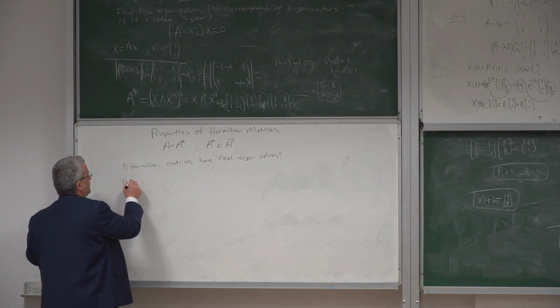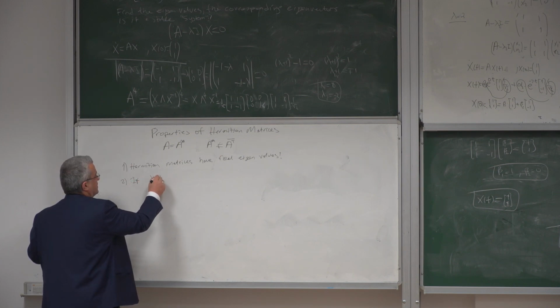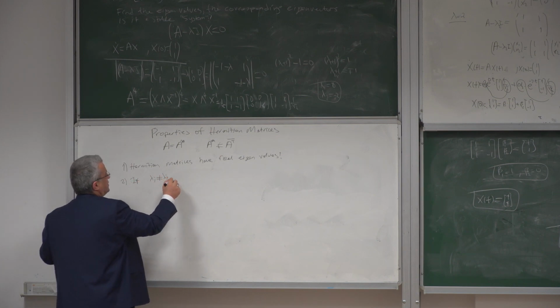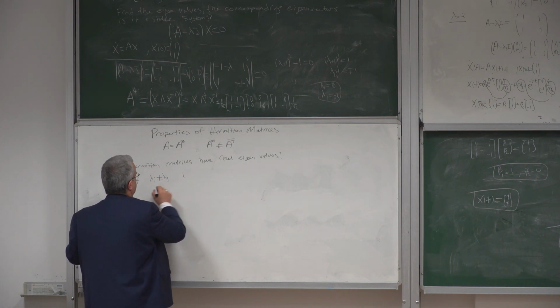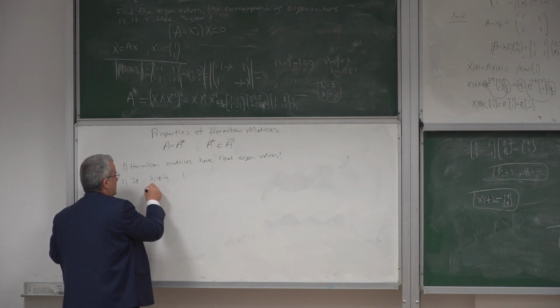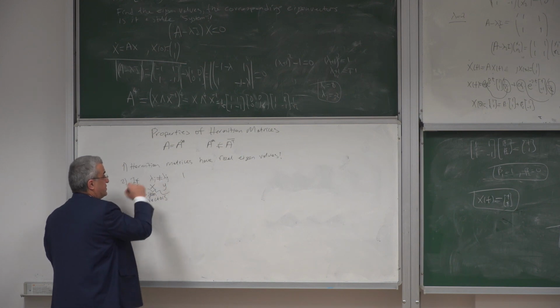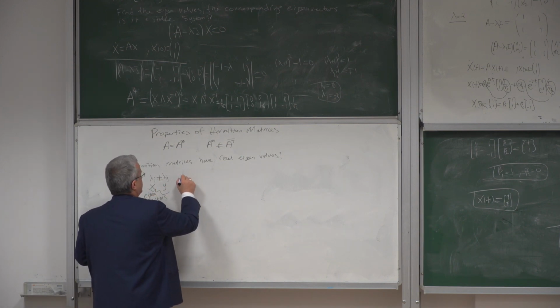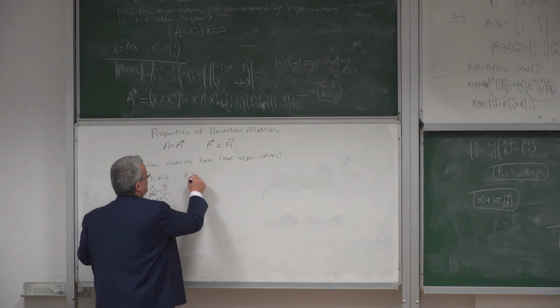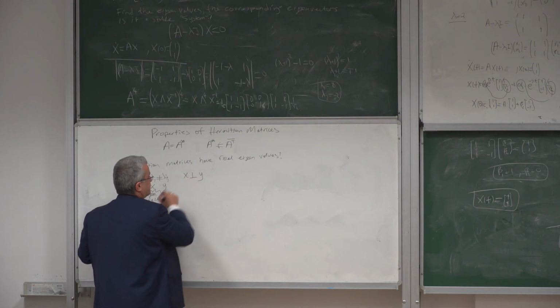Two, if lambda i is different from lambda j, and let's say x and y are the eigenvectors corresponding to these, then x is orthogonal to y.